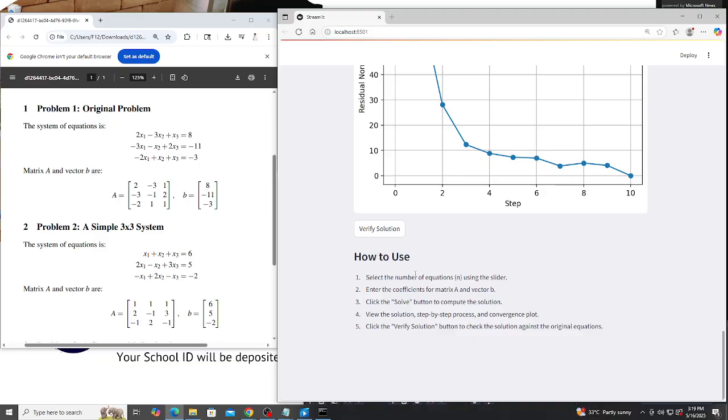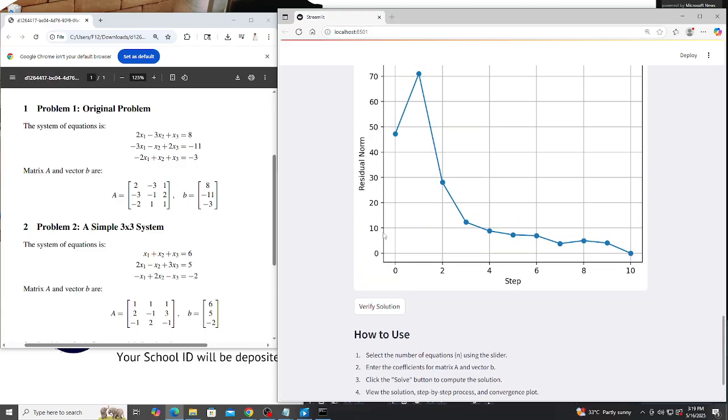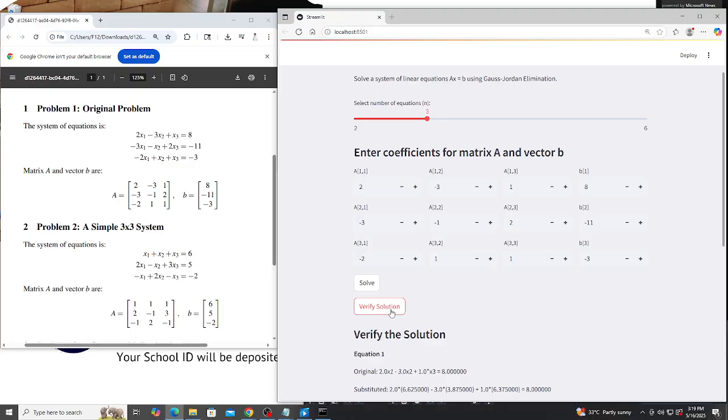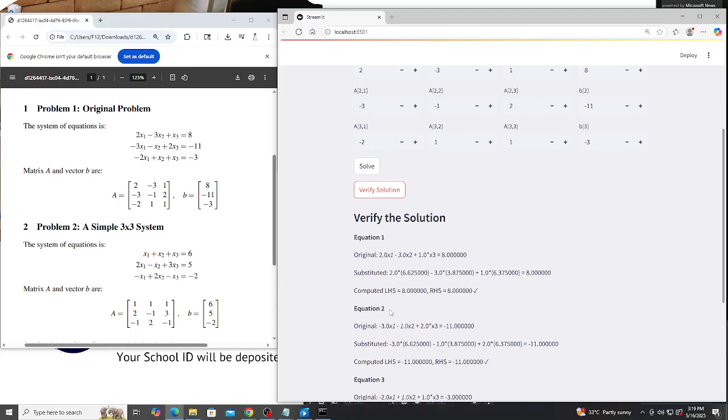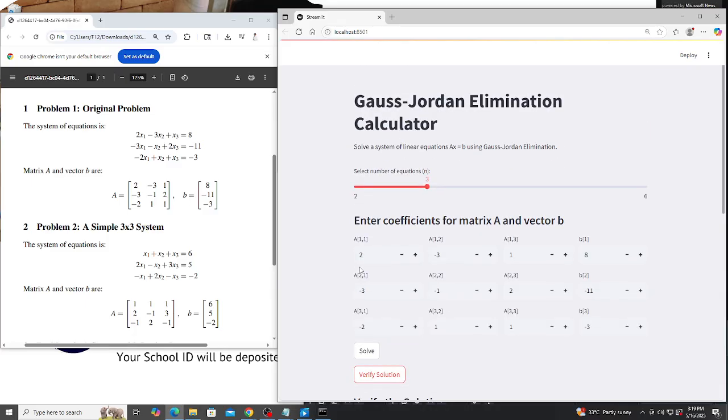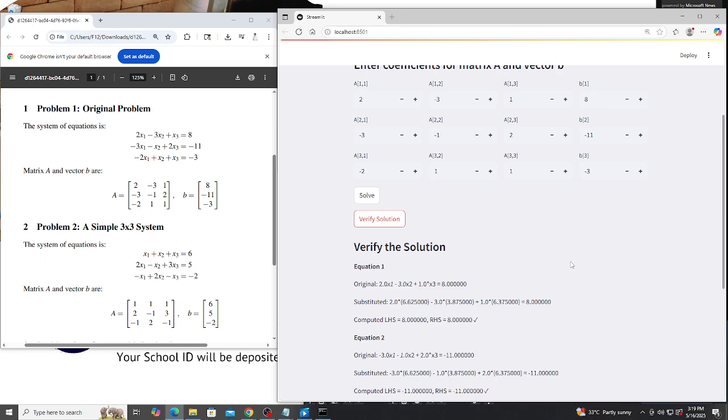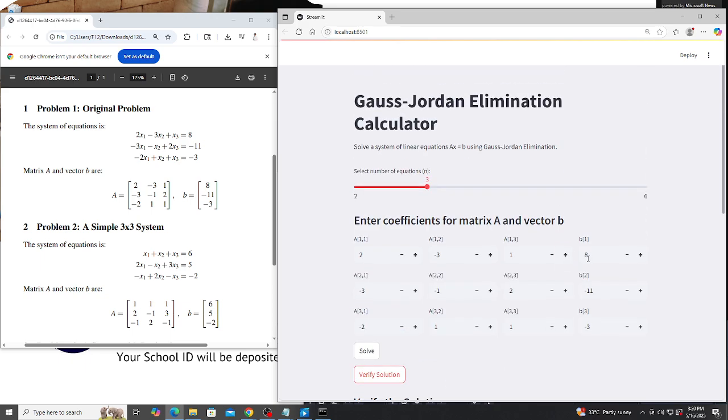And to verify the solution, as we all know, after solving a matrix we must check whether it's really correct. By clicking verify solution, we can see the original numbers here, the 2, -3, -1, and 8, to check if it's really equal to 8.